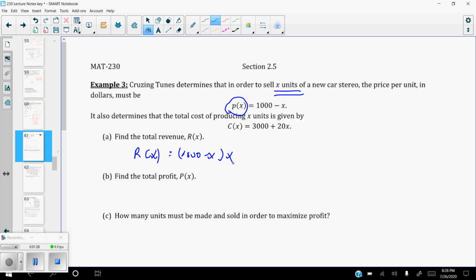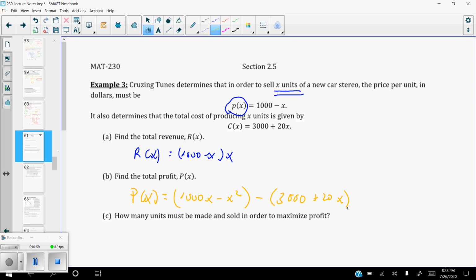Then if I want to find the total profit, we know that the profit is revenue minus cost. So profit, in this case, our total profit, again, capital P for profit, is going to be the revenue. Now I'm going to distribute the x for the revenue, so it's going to be 1,000x minus x squared, minus the cost, which is 3,000 plus 20x.